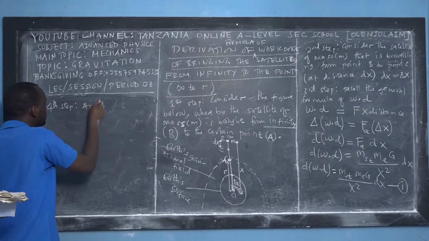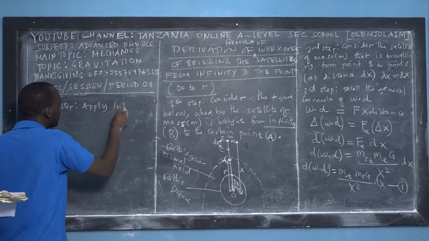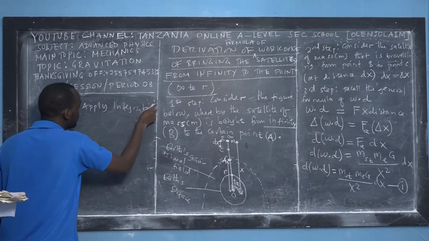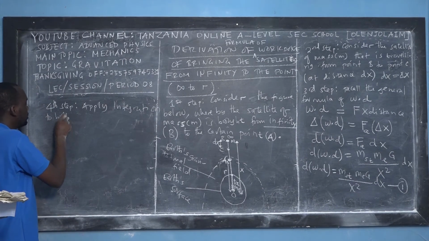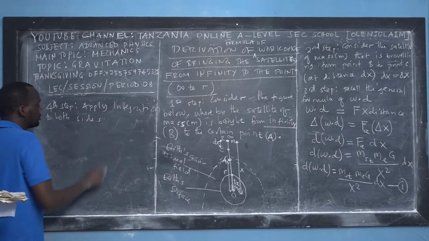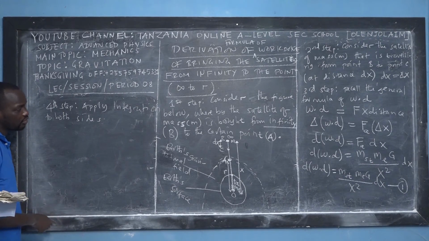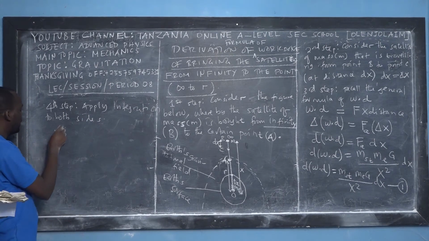We have to apply integration to both sides. So to apply integration to both sides, on the left hand side, you have small change in work done, which is the integral from where?